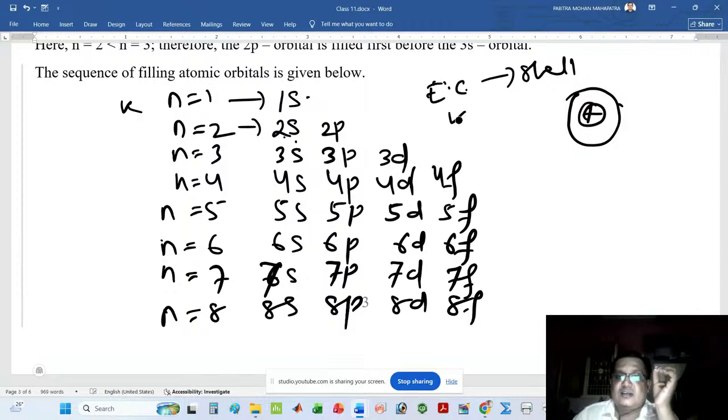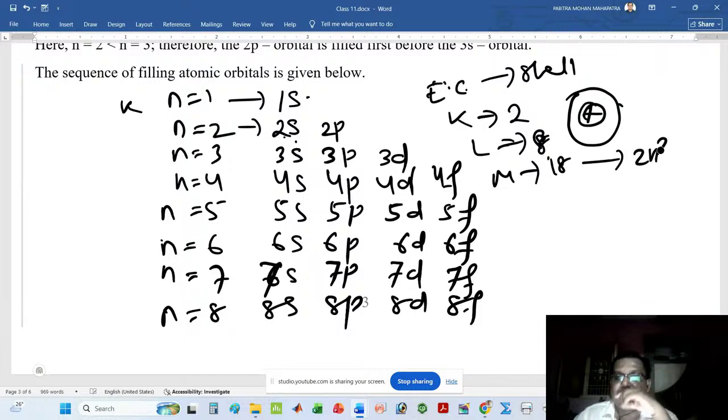For K cell, you can give 2 electrons. For L cell, you can give 8 electrons. For M cell, you can give 18 electrons. Follow the 2n square rule, then you can find it.